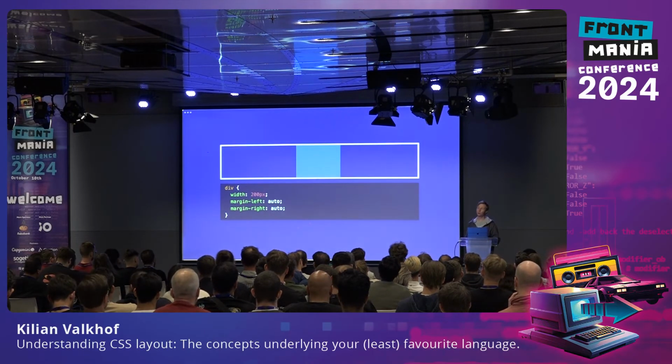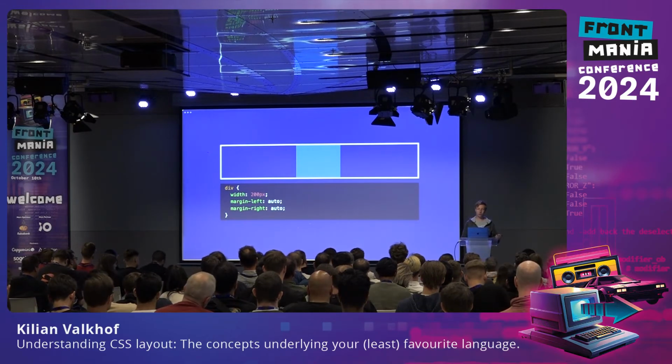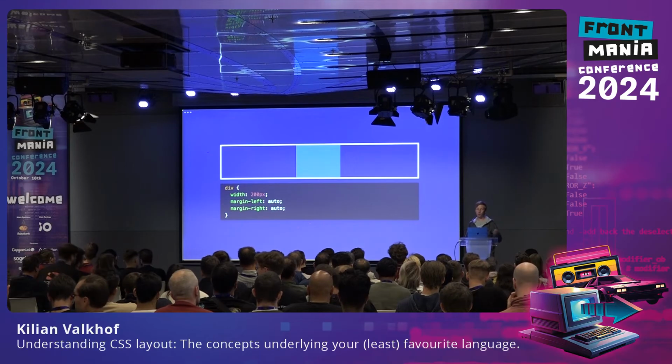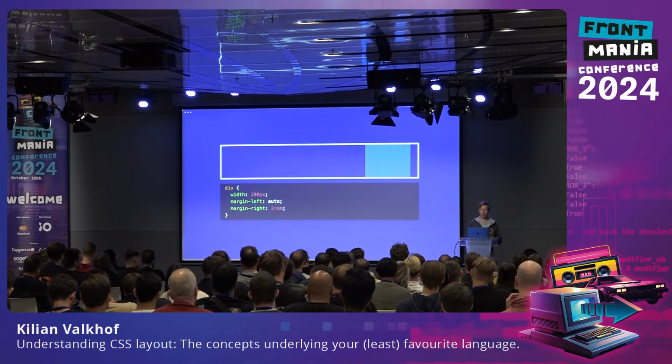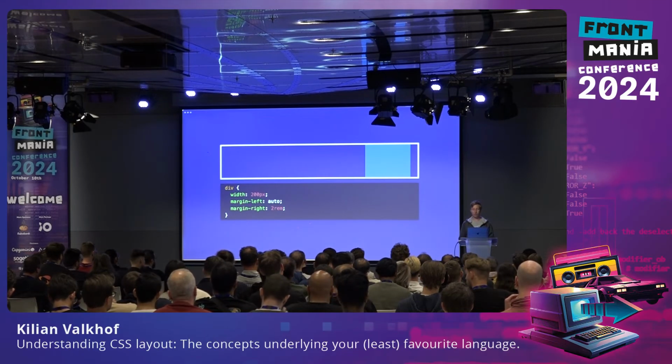But as soon as you constrain the width, if you set the width to 200 pixels, the remaining space is divided across the margins. So if both are auto, they get the same percentage. But if one of the margins is defined, the other gets set to whatever is left, because it needs to solve that formula.